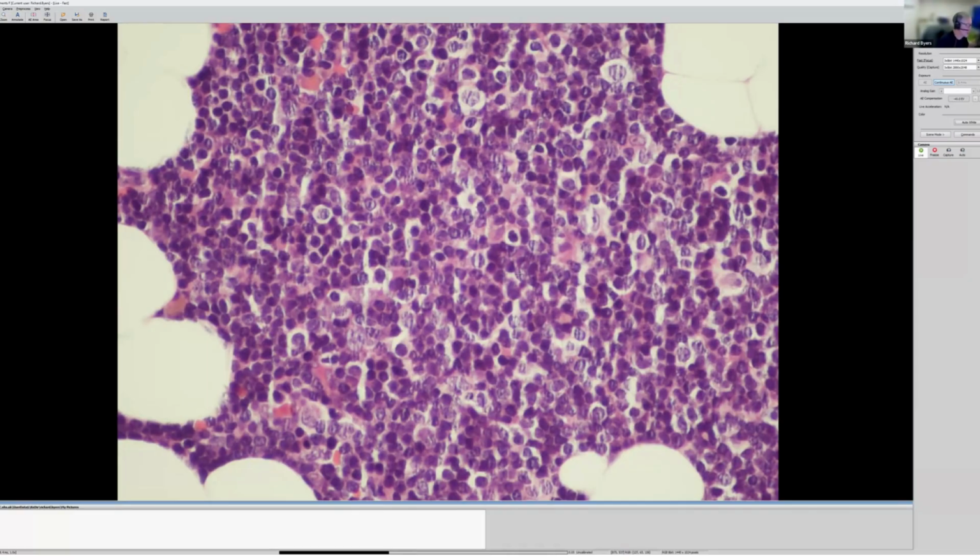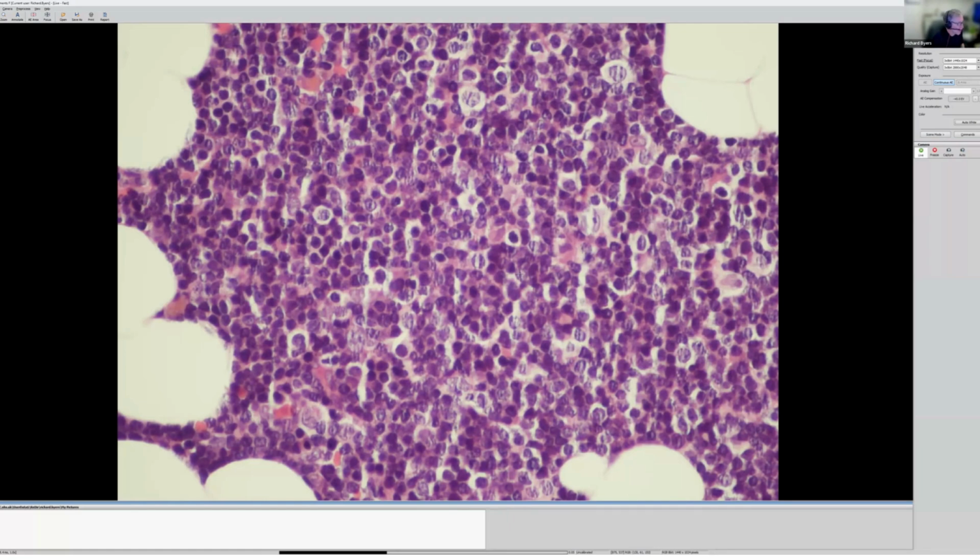In contrast to the last case, I'll just show you the immunos for this one. This patient had some flow cytometry done with immunological flow markers in 2021, and he was said to have CLL. He's come back with a couple of recent biopsies which showed some slightly atypical cells, and the flow cytometry, which does not include cyclin D1, was reported as a CD5 positive B-cell non-Hodgkin's lymphoma.